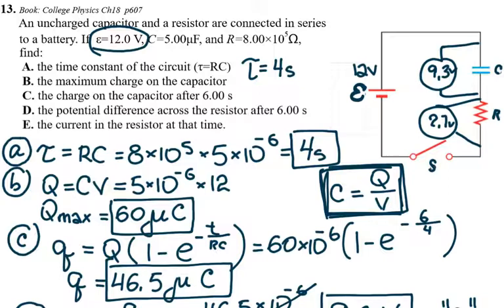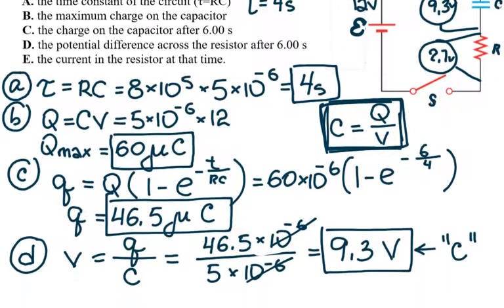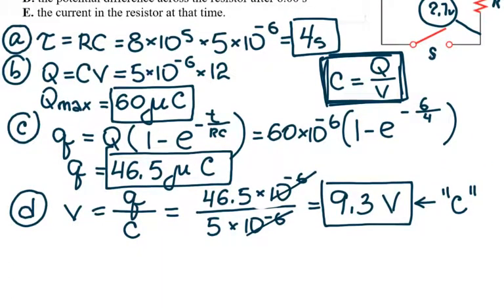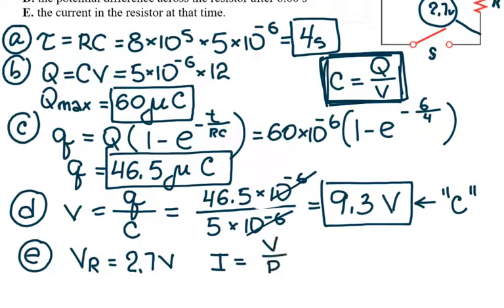And then the last one, the current in the resistor at that time. So if I'm calculating the current in this resistor at the time when the voltage is 2.7, so for E, the voltage on the resistor after 6 seconds is 2.7 volts, and I need to calculate the current through the resistor. So that is the voltage divided by the resistance.